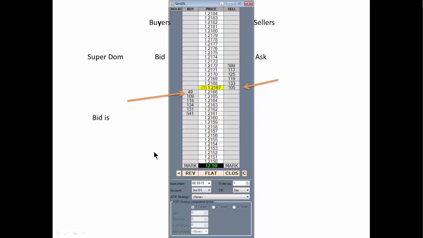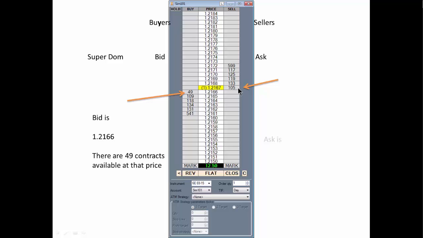So what is the bid? Well, the bid is 1.2166. This is also telling us that there are 49 contracts available at that price. So we have the number of contracts available, plus we have the highest price here, which is the bid at 1.2166.